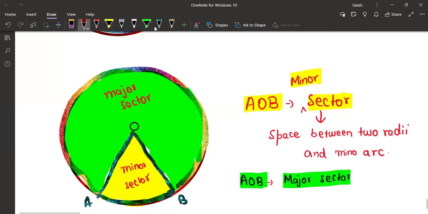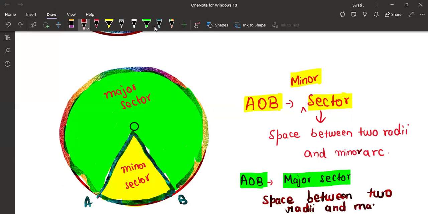Same thing: the space between the two radii and the major arc is called the major sector.